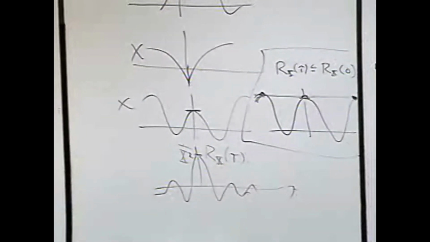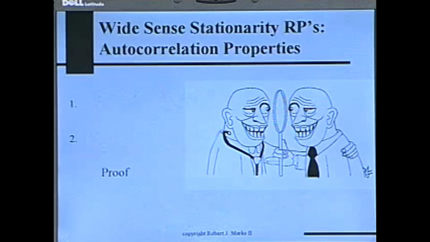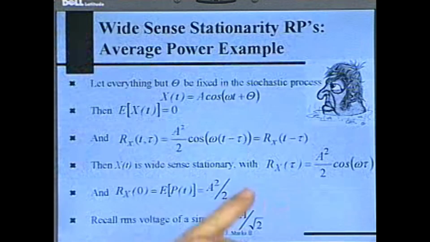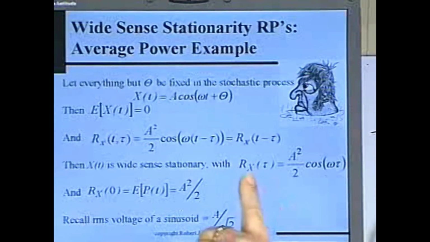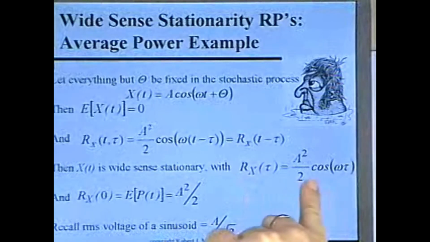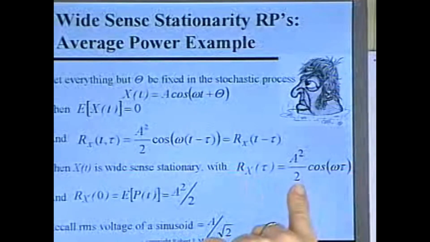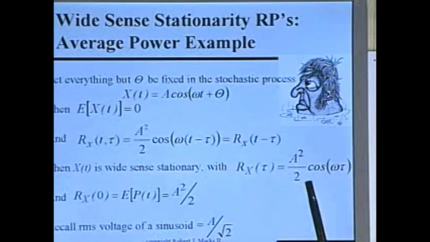You'll notice, for example, if we go back, if we could go over this way a little bit, please. This was the autocorrelation for the sticking your finger in the socket problem. You'll notice the autocorrelation at the origin is equal to the expected moment, which is a squared over 2, when the cosine goes to 0.